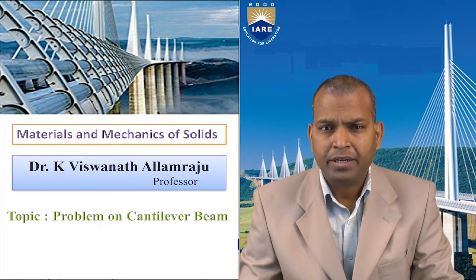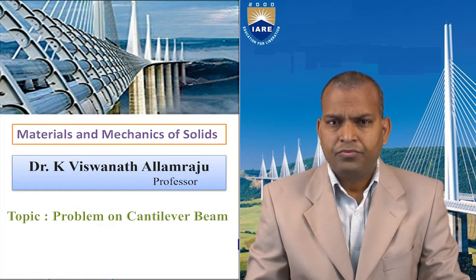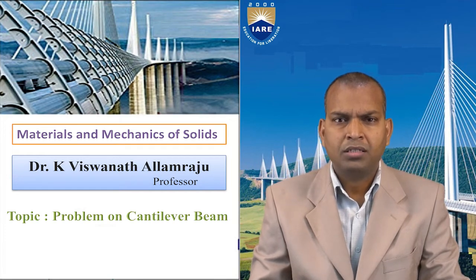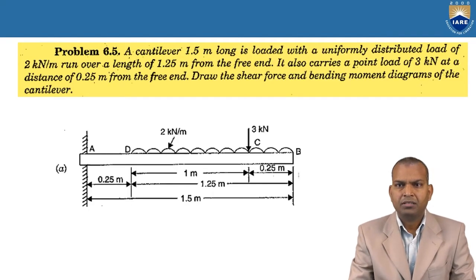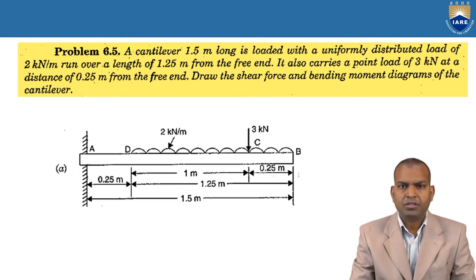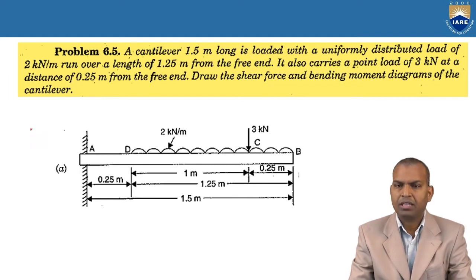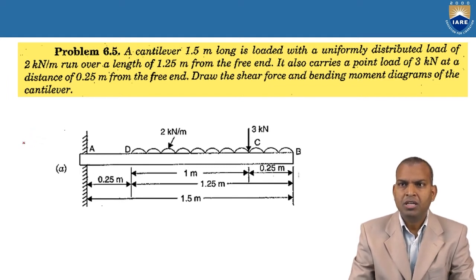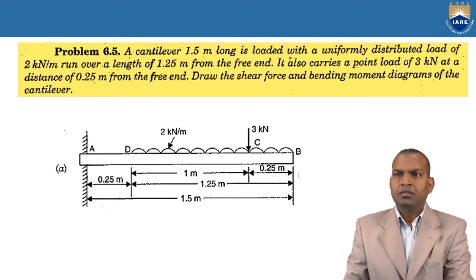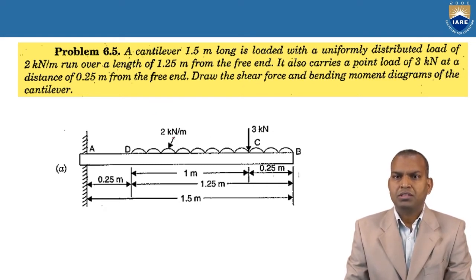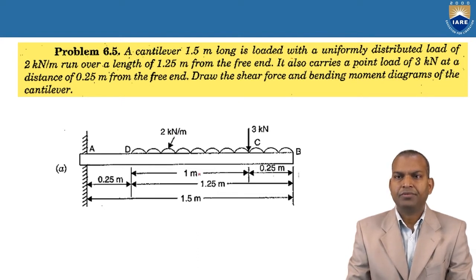Today we are going to study further calculation of problems on cantilever beam. So here, this is the problem that was given. A cantilever beam, 1.5 meters long, is loaded with a uniformly distributed load over a span of 1.25 meters.